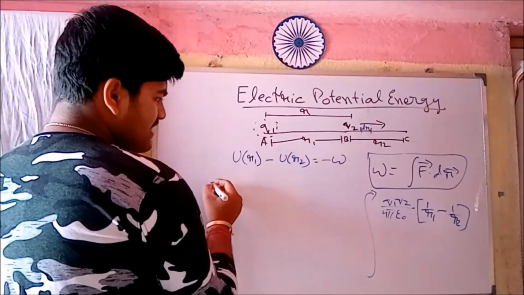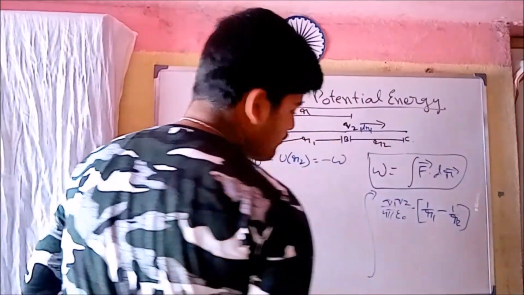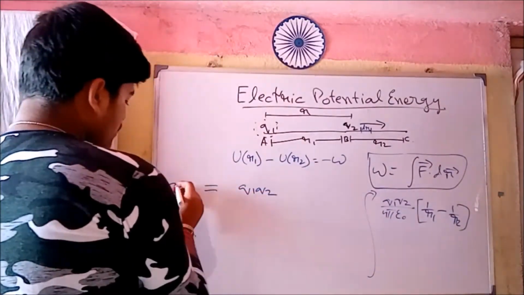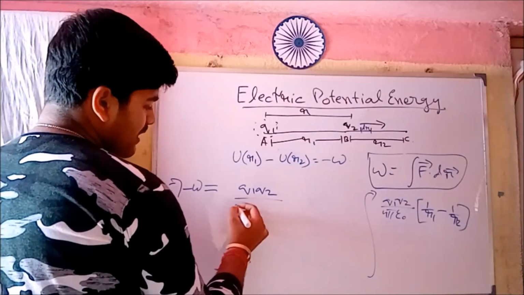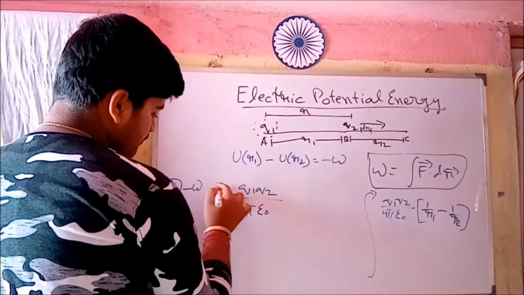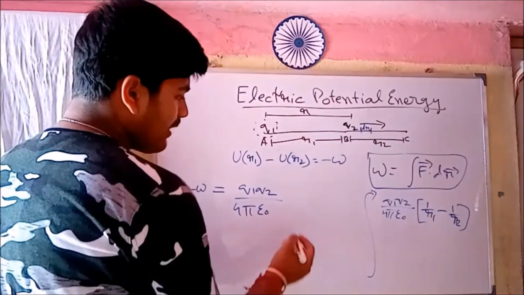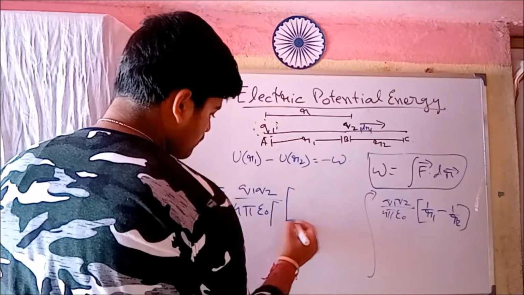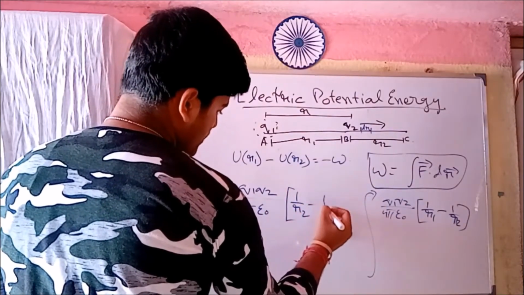So if we take this term as W and make it negative, then minus W is equal to Q1 Q2 by 4 pi epsilon naught into 1 by R2 minus 1 by R1.